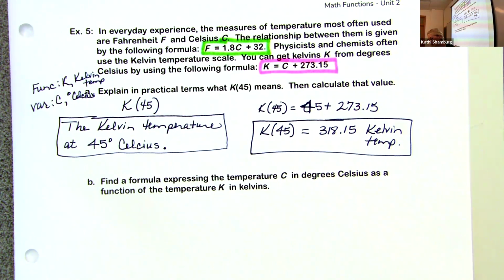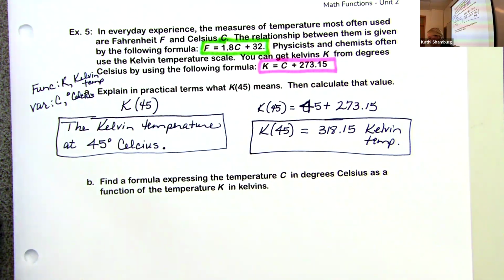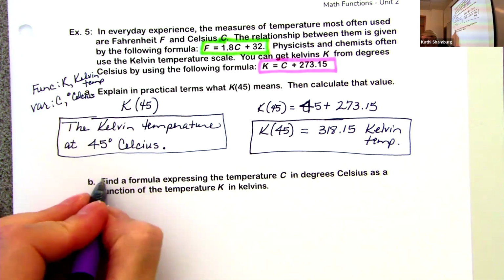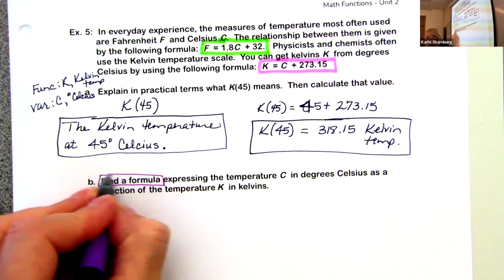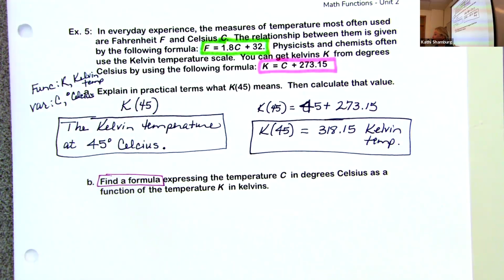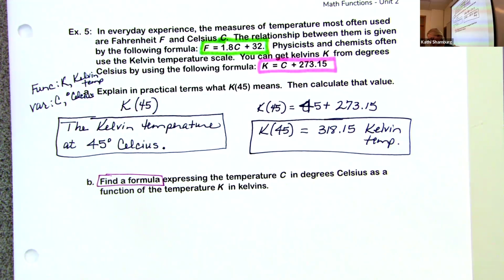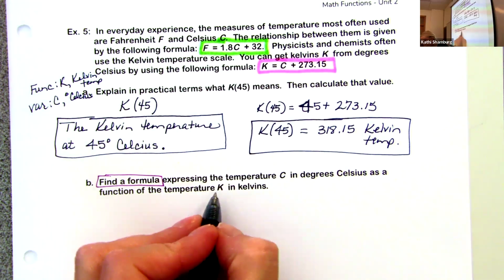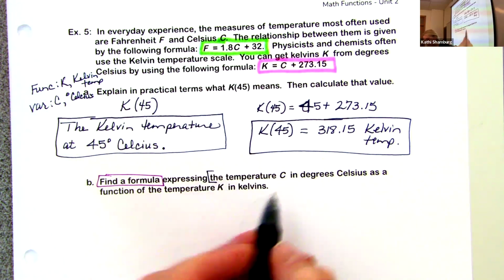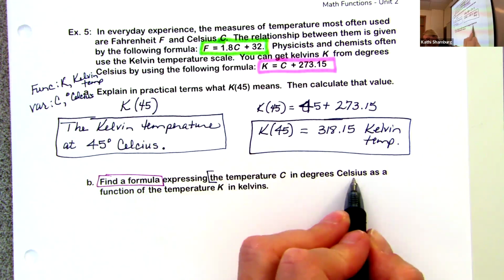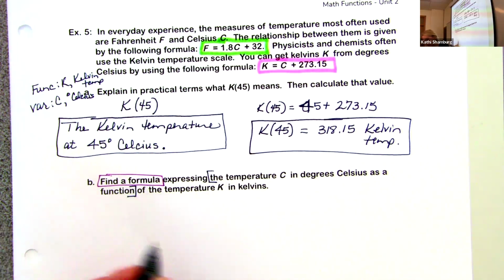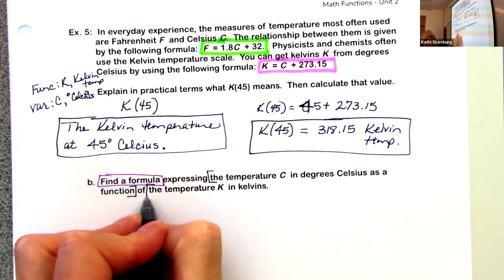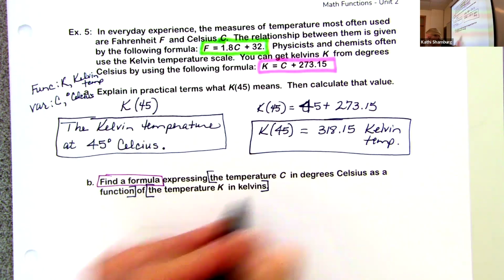All right, B, find a formula. Okay, when they're telling me to find a formula, I know I'm probably going to have to do some manipulation of a formula, right? It says expressing the temperature C in degrees Celsius as a function of the temperature K in kelvins.